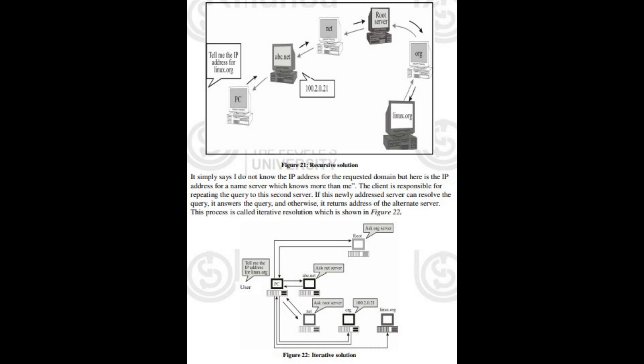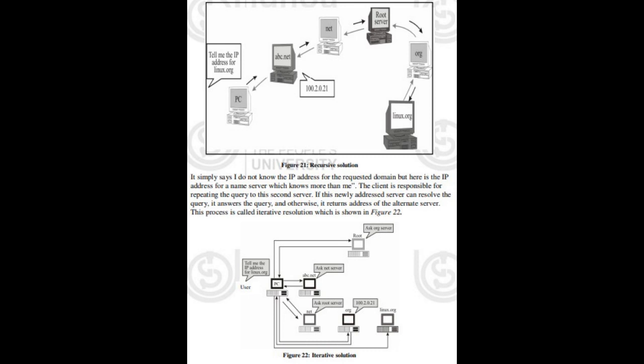When the query is finally resolved, it travels back until it finally reaches the resolver. This type of resolution is called recursive resolution, which is shown in Figure 21 given below. Look at the screen. Figure 21, recursive resolution.